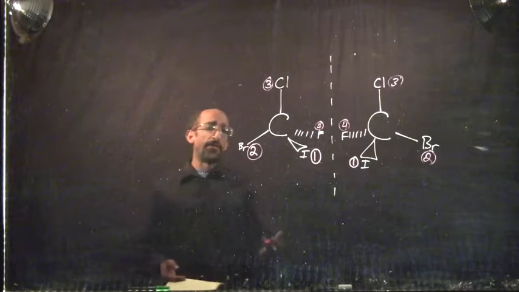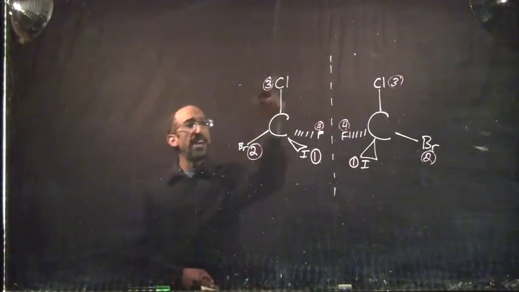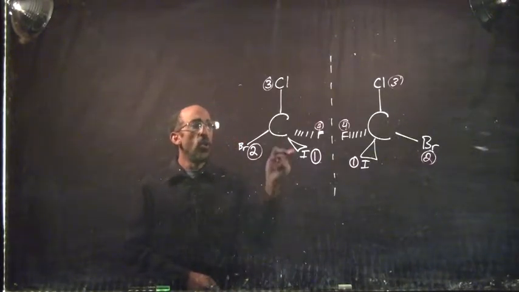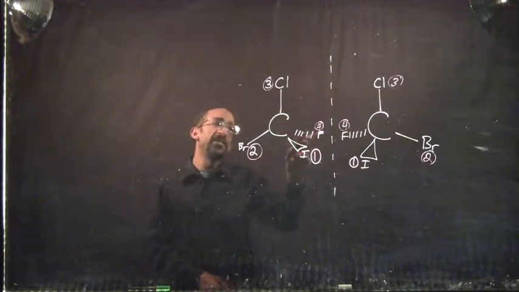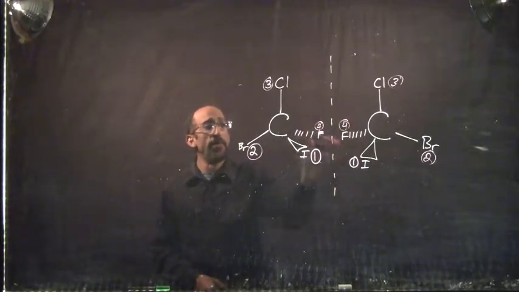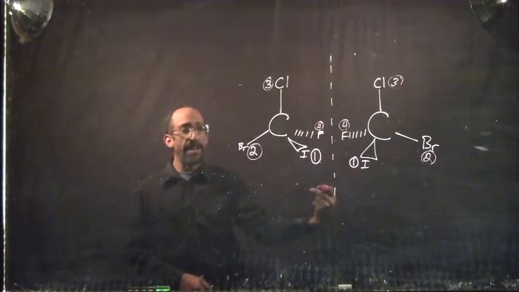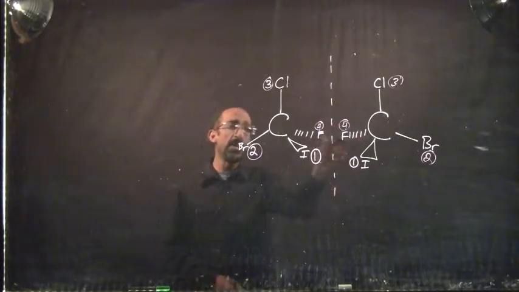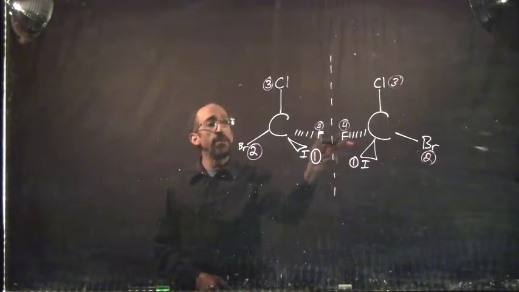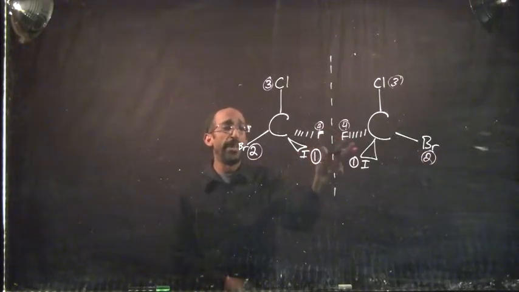Now, here's where we differ from assigning alkene stereochemistry. Once we've assigned priorities to each of the 4 substituents on our carbon atom, we, in our mind, place the lowest priority substituent, the substituent priority 4, on a wedge behind that carbon, hidden behind that carbon atom. So luckily here, I've kind of pre-programmed this example so that my lowest priority substituent is already on that wedge. So that task has been completed.